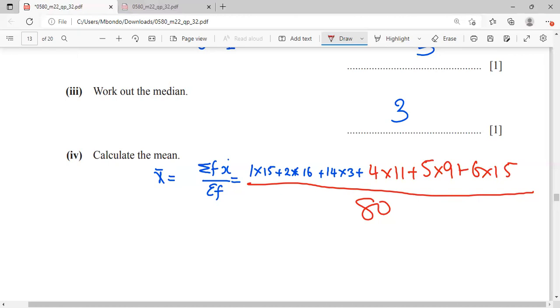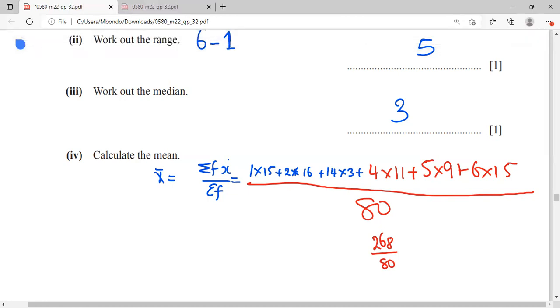So what are we going to get? This is going to give us 268 over 80. That's what we're going to get. I don't know if I have missed something in my addition there.